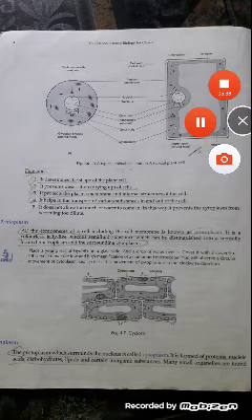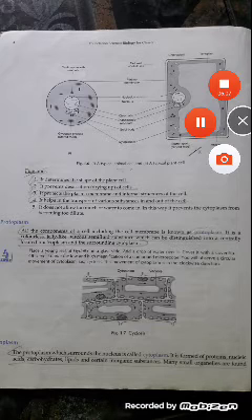Many small organelles are found inside the cytoplasm. These are known as cytoplasmic organelles. These organelles are the sites for various metabolic functions of the cell.